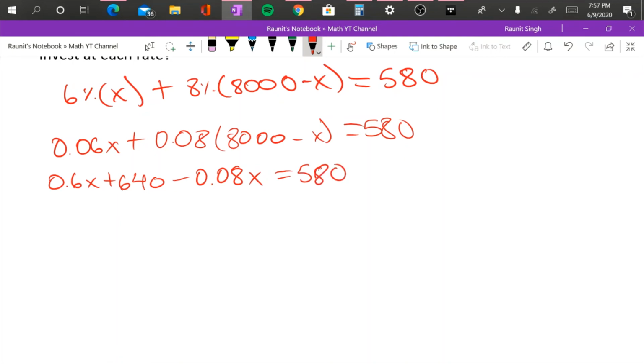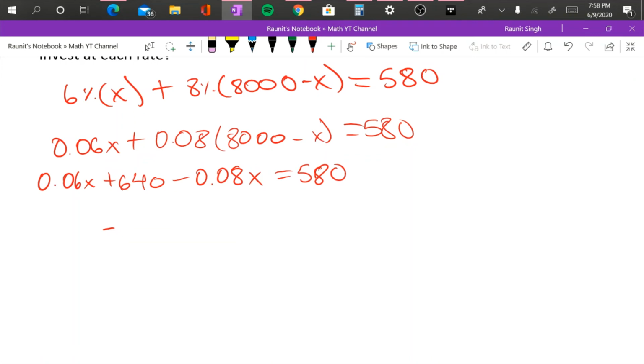Now, we are going to bring the numbers on one side and all that stuff. So when you simplify everything, you're going to get, oh my god, this was 0.06x, not 006x. Okay, there we go.